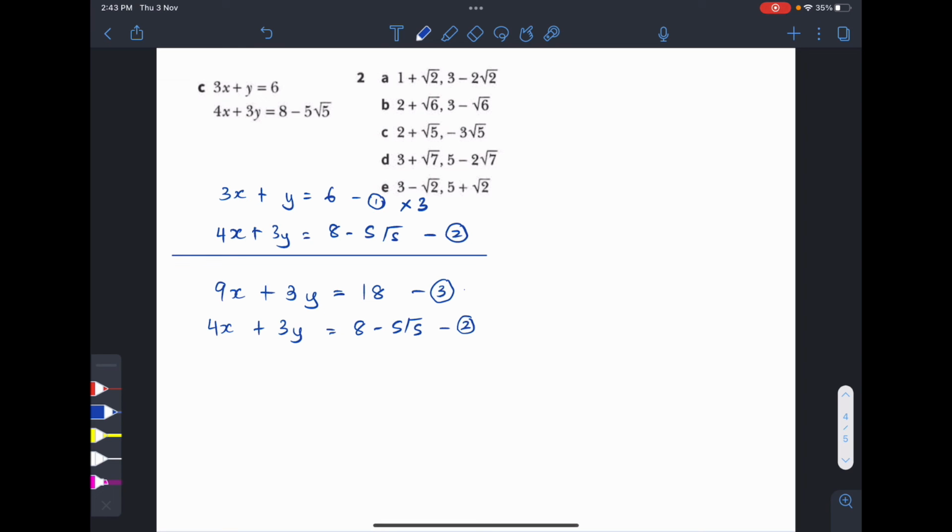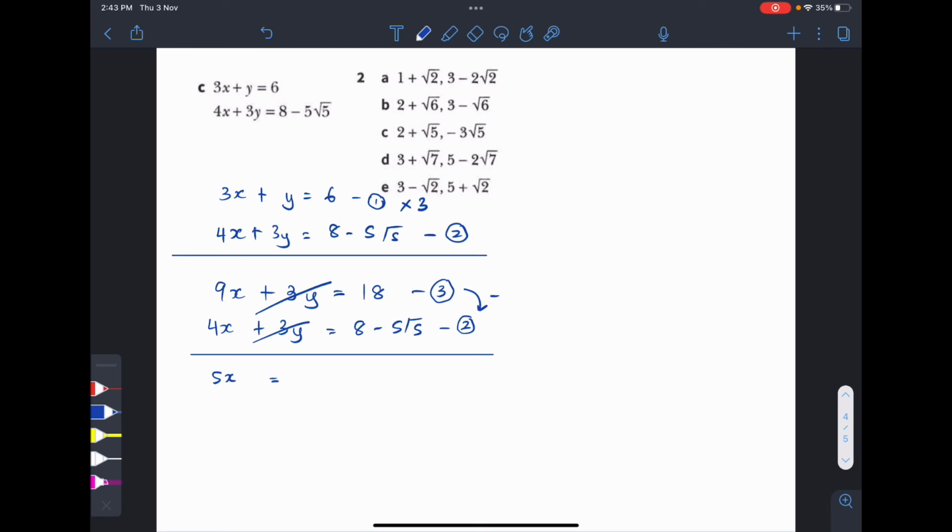So we can do 3 minus 2. So 9x minus 4x, I will get 5x. 3y minus 3y, that just cancels out, equals 18 minus 8.